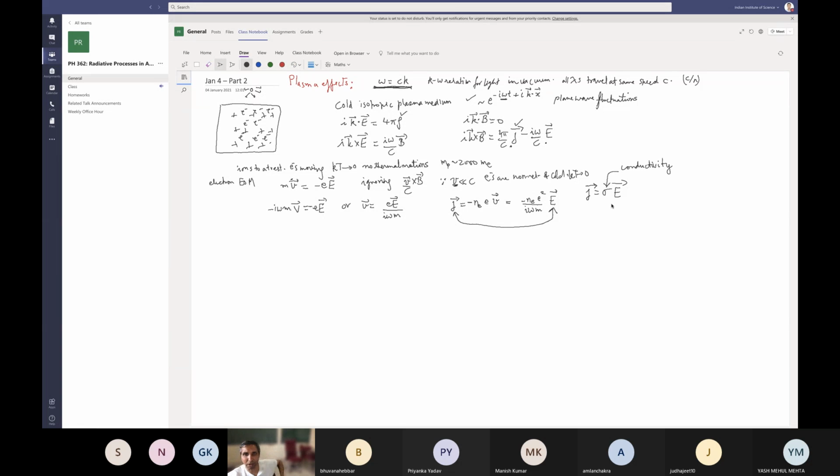So we can read off sigma by comparing the two expressions: sigma is equal to I N E squared by omega M. So this is your plasma conductivity.